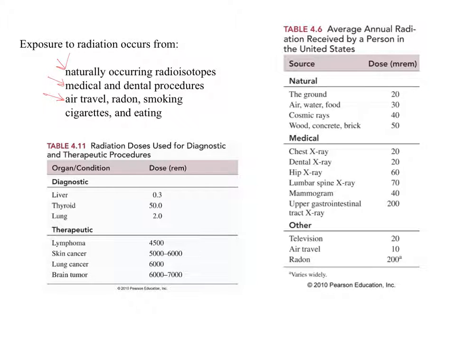Maybe you know about radiation, maybe you don't. Smoking cigarettes, obviously that's very bad for you for many reasons, but it also exposes you to radiation. And then even just eating. Well, how in the world does eating expose me to radiation? Well, I'll have you know, a lot of food is irradiated. For instance, fresh strawberries.